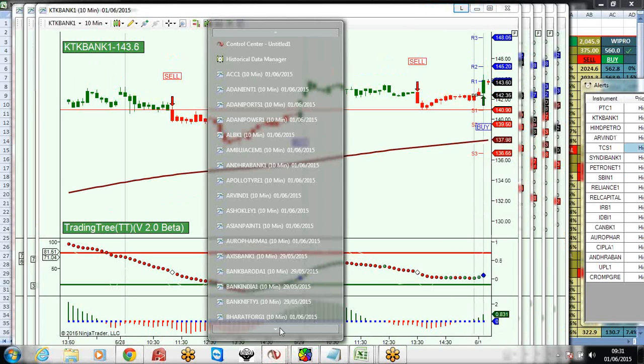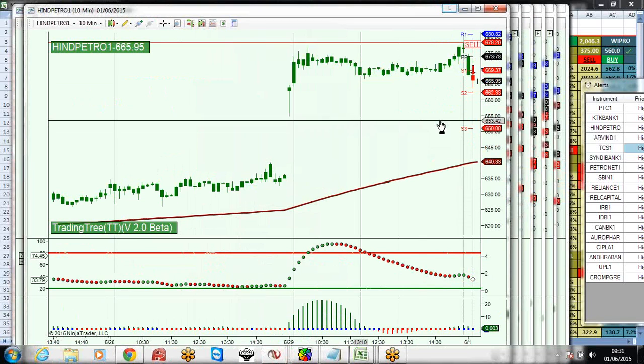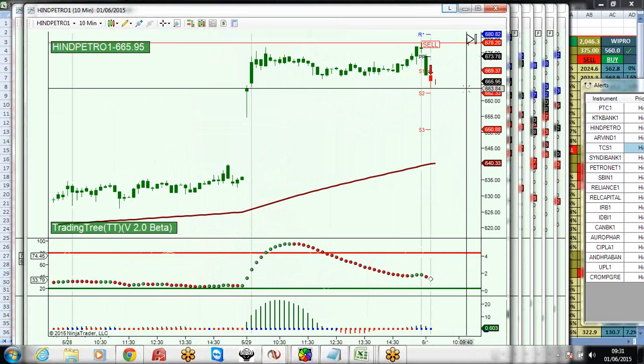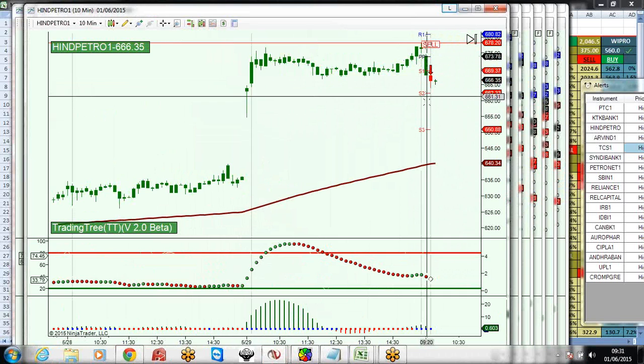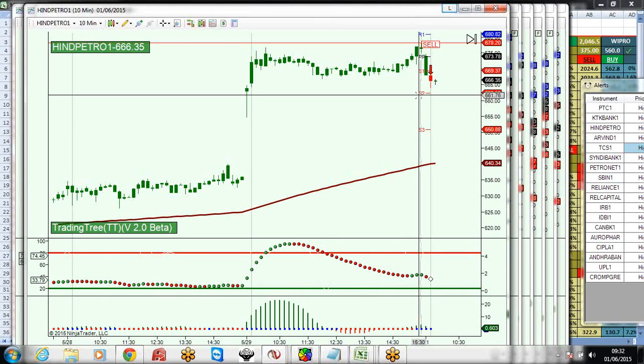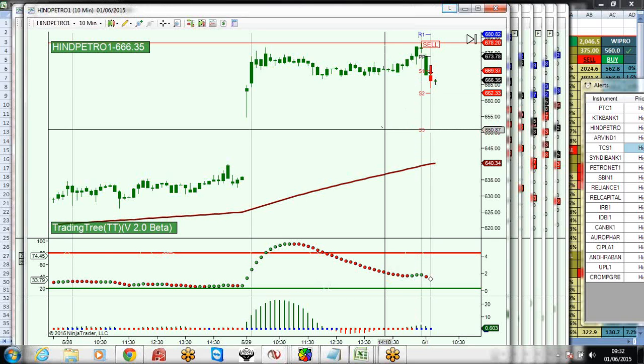In Petro, we have a sell call. Whenever you get a sell call near the S2, R1 or R2 level, it's always better to short it below this strong support, that is S2. You can short it at 662.